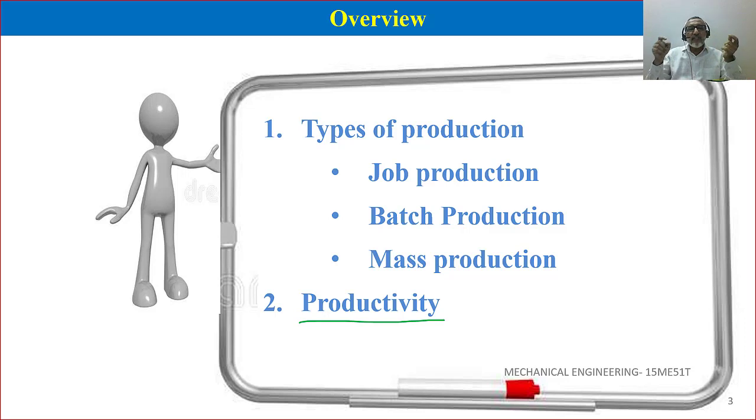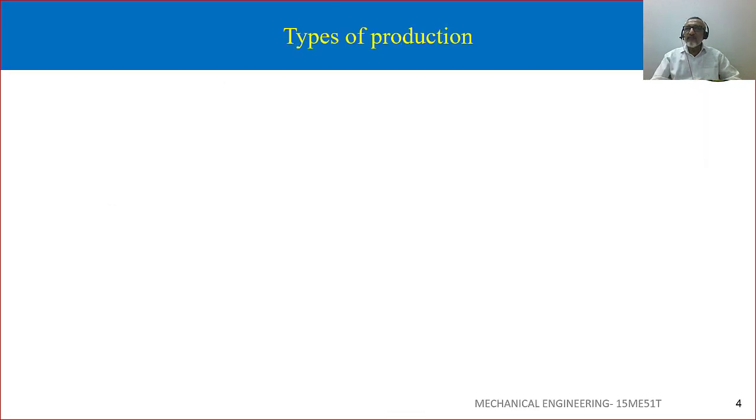It talks about the effectiveness or the efficiency of the production. We'll be discussing productivity and the advantages of productivity in today's class. And towards the end, we'll have a quick summary of what we discussed. Let's start.